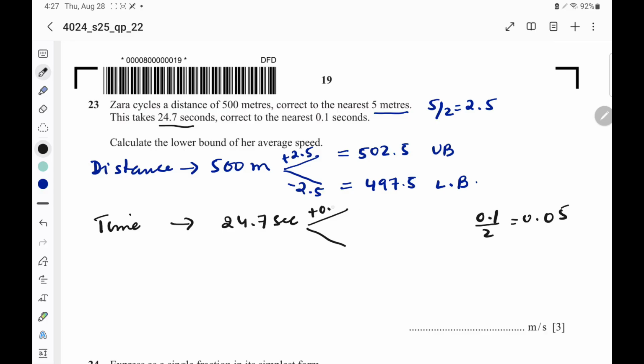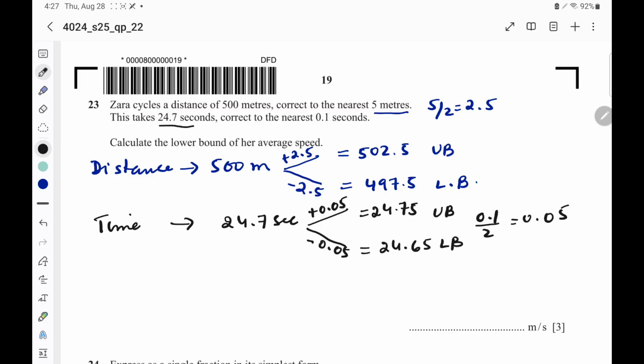If you do plus 0.05, you will get the upper bound. If you do minus 0.05, you will get the lower bound. If you are adding 0.05, it will become 24.75. That is the upper bound. And if you subtract 0.05 from 24.7, you will get 24.65. That is the lower bound.